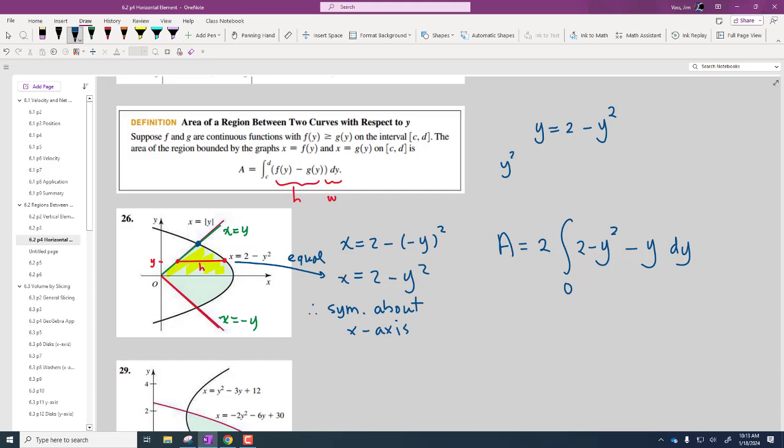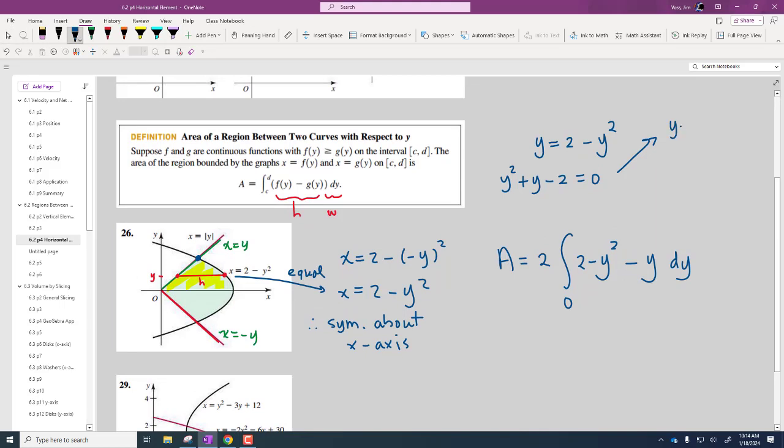So we end up with y squared plus y minus 2 equals 0. Factor that. So we're going to end up with y minus 2 times y plus 1 equals 0. Nope, y plus 2 and y minus 1. I have them backwards, don't I?